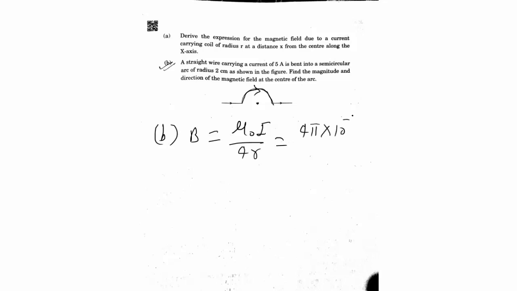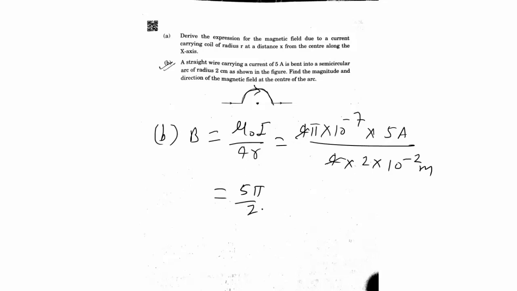Putting the values, we get mu naught by 4 pi, I is 5 ampere upon 4, R is 2 centimeter, that is 2 into 10 to the power minus 2 meter, which is equal to, 4 and 4 get cancelled, 5 pi by 2 into 10 to the power minus 5 Tesla, that is equal to 7.85 into 10 to the power minus 5 Tesla.